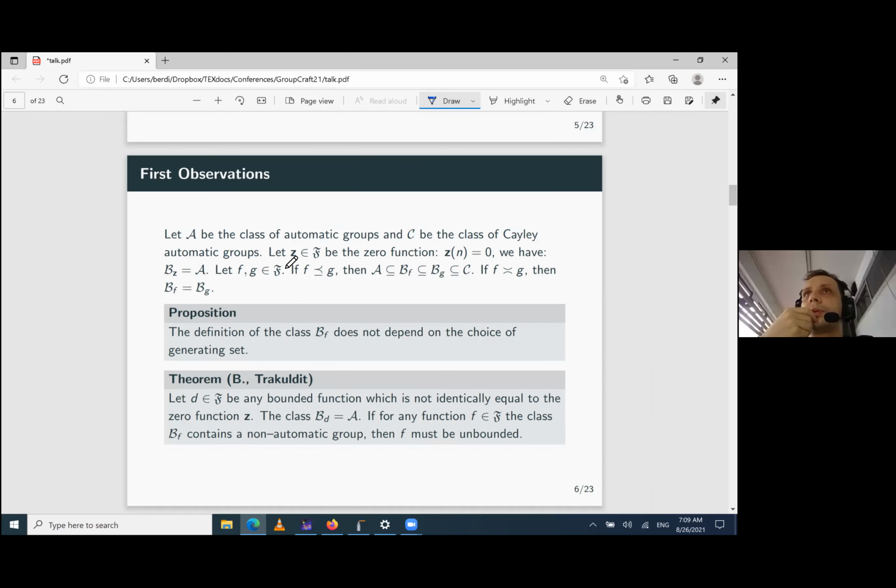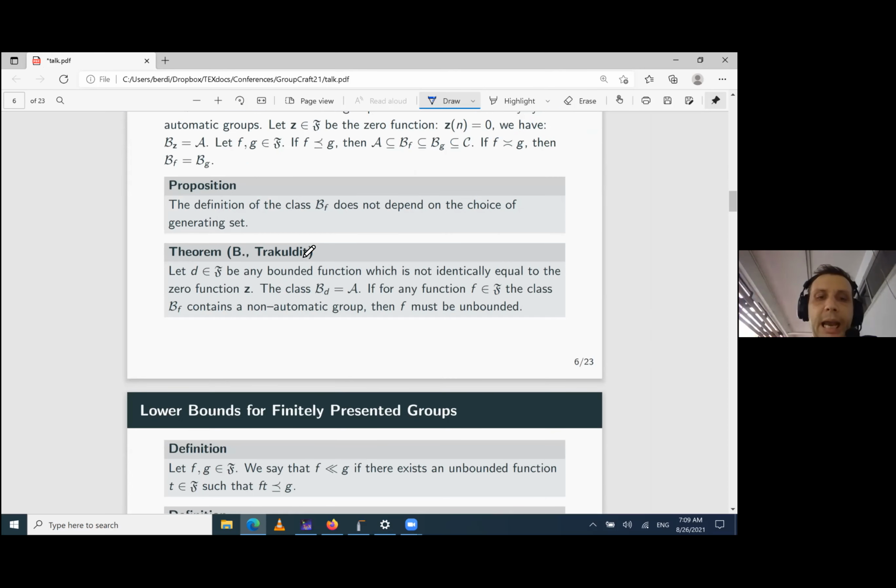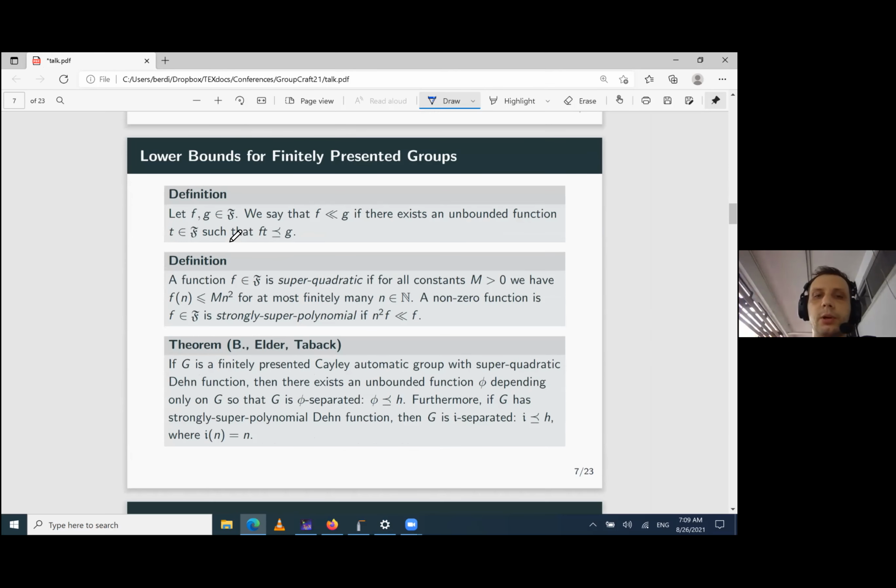This means if you have a Cayley automatic group which is not automatic, then this Cayley distance function must always be unbounded. So a non-decreasing unbounded function, that's what you always get. And you actually can tell much more.